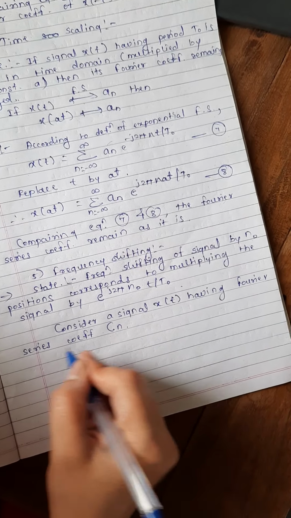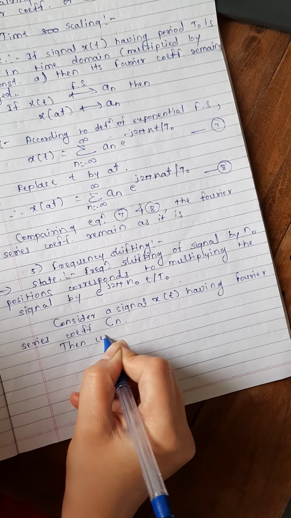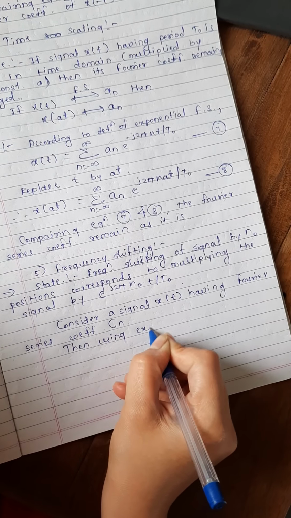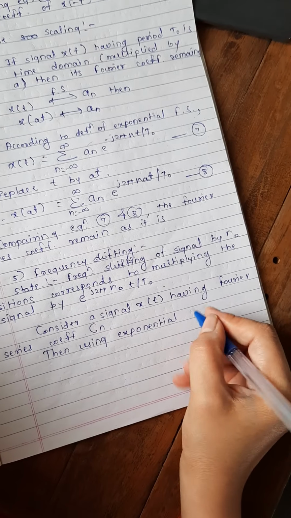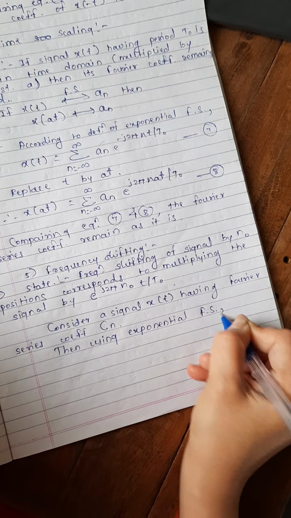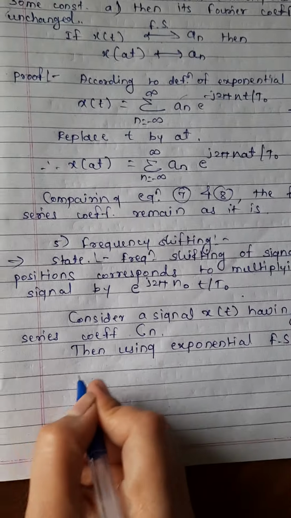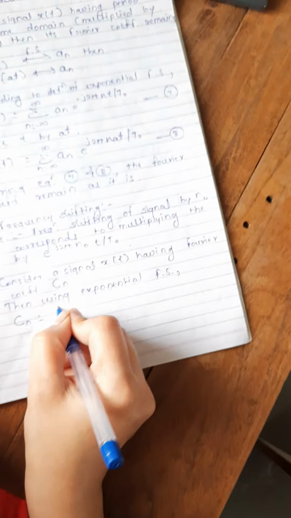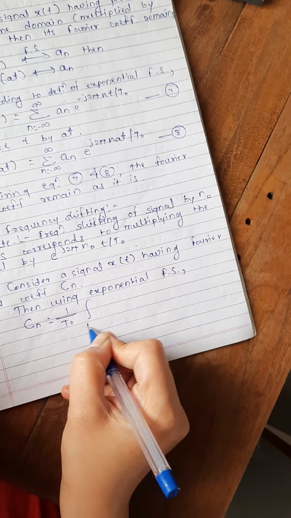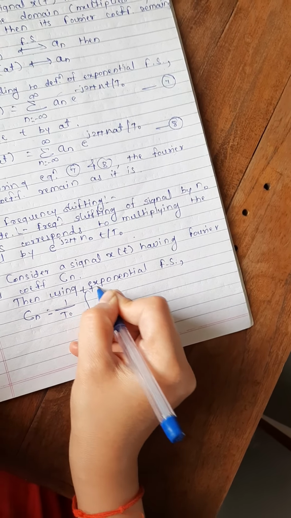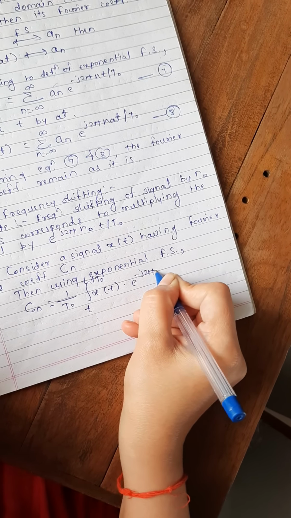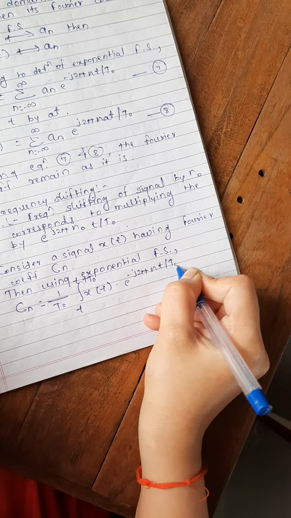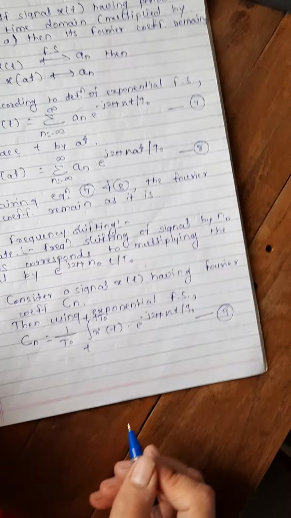Then using the exponential Fourier series, Cn is equal to 1 by T0 integration from t to t plus T0 of x of t e raised to minus j2 pi n t by T0 dt, equation number 9.